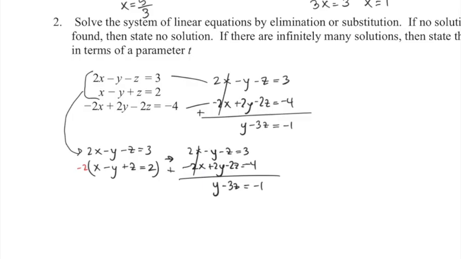equals -1. So step 3 of this process is you take the result from step 1, you take the result from step 2, and you form a new system of equations. You can see here already, though, that the result from step 1 and the result from step 2 are identical equations. Usually it's not, which means you could solve for one of the other variables.